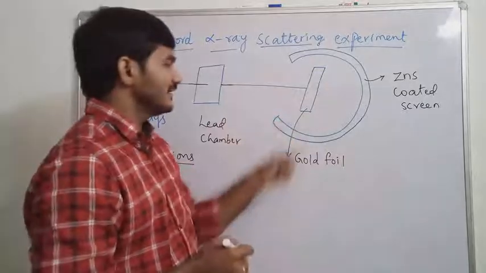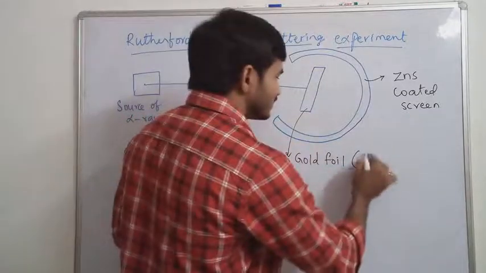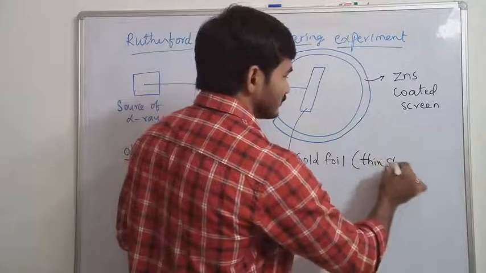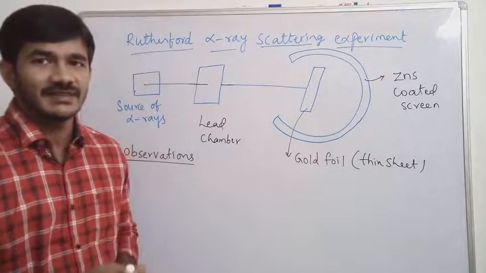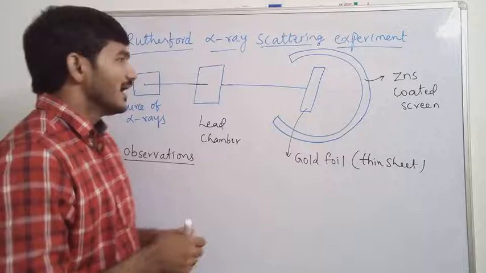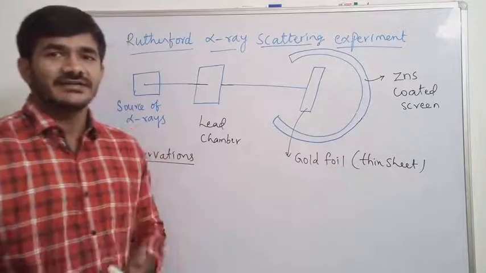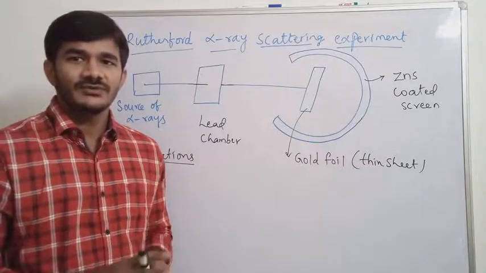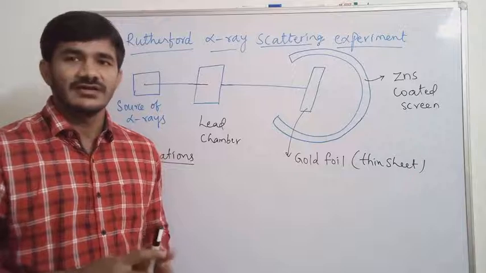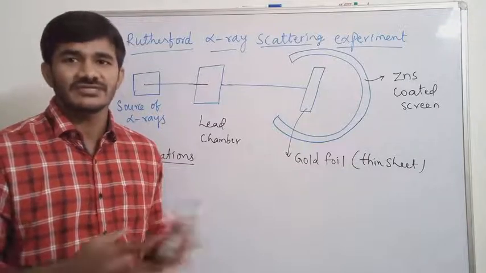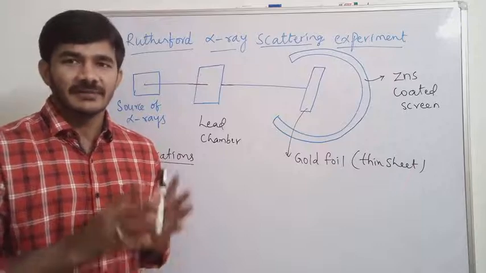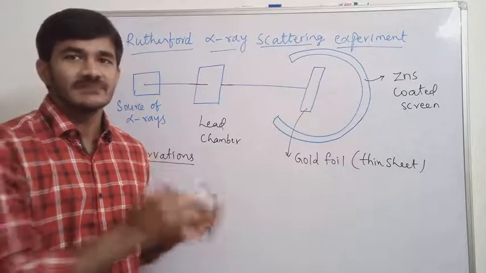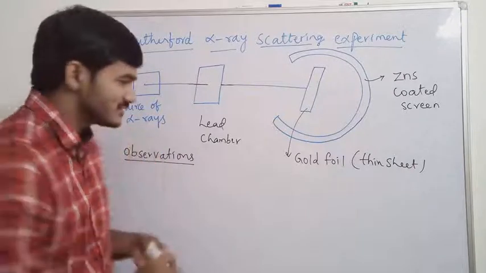And here I have taken gold foil, a very thin sheet. A very thin sheet of gold foil was taken by Rutherford. And you have to understand one point here: Rutherford did not want to do a new experiment about the structure of an atom. He wanted to give experimental proof for the Thomson model. What did Thomson say?